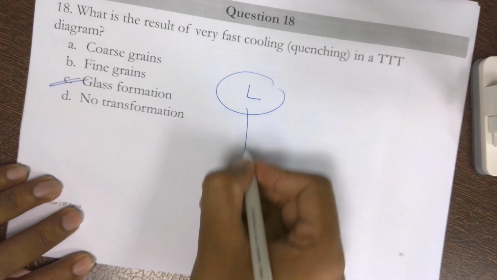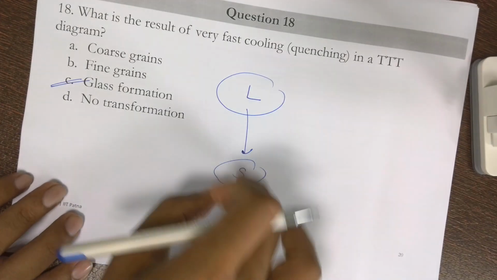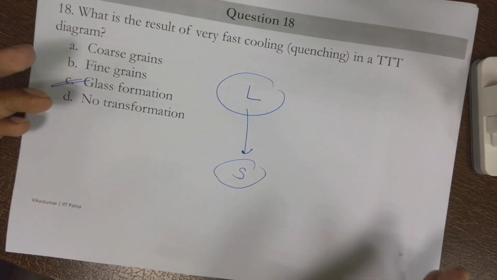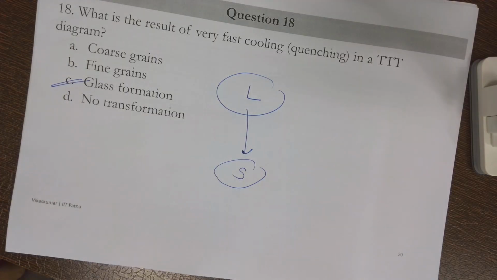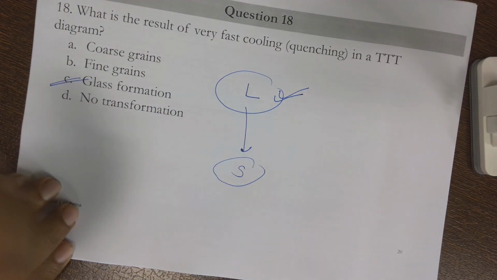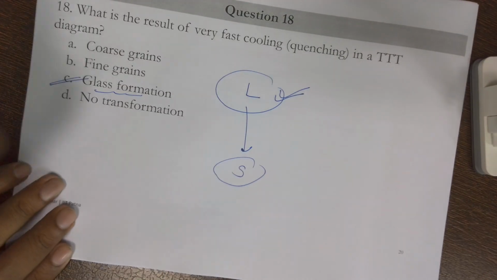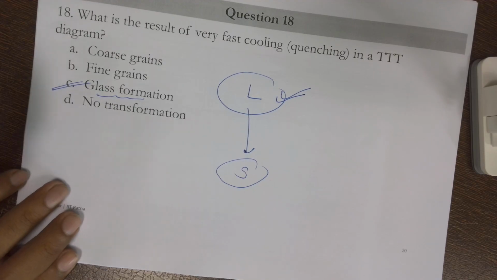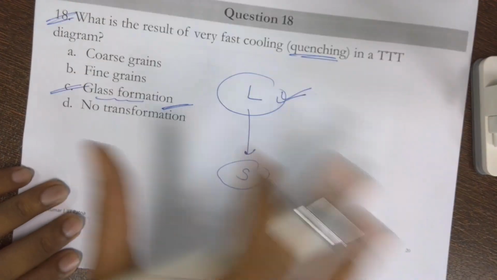We are cooling liquid so fast and making it solid. In this process, the system was not able to take the shape. For example, if we are talking about iron, it's not able to take the shape of FCC or BCC. So whatever shape was there for the liquid, it will form the same shape, and that's what we are calling glass formation, because glass doesn't have any order, right? It's also amorphous. So option C here is the right answer. So if we are quenching, we'll get glass formation.